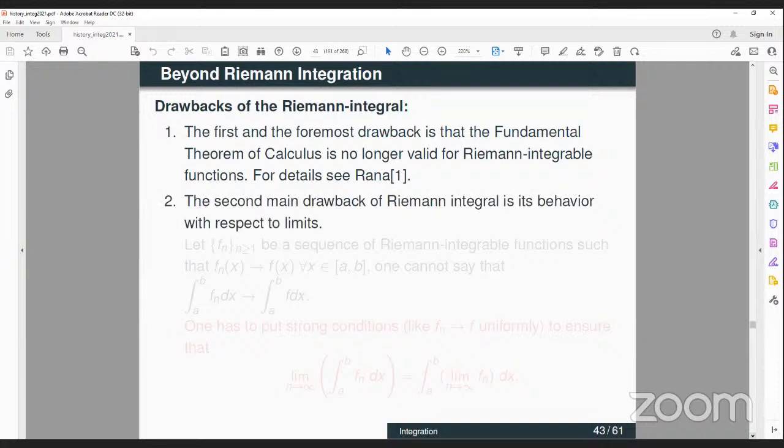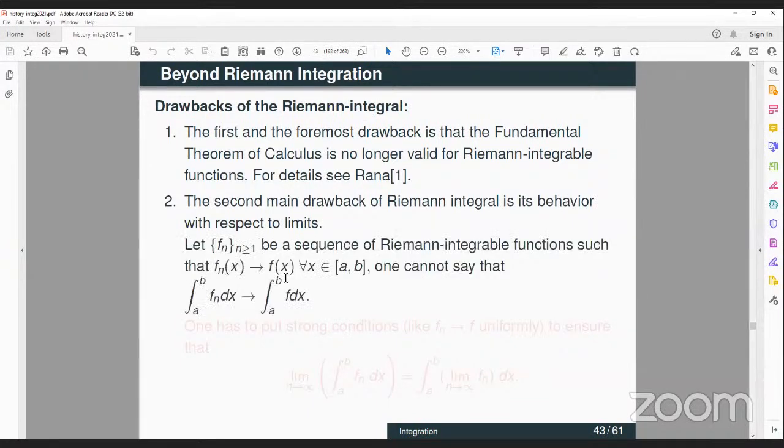The second main drawback of Riemann integral is its behavior with respect to limits. Namely, if f_n is a sequence of Riemann integrable functions such that f_n converges to f, then one cannot say that the integrals of f_n will converge to the integral of f. In fact, f_n may be all integrable and converge to a non-integrable function.